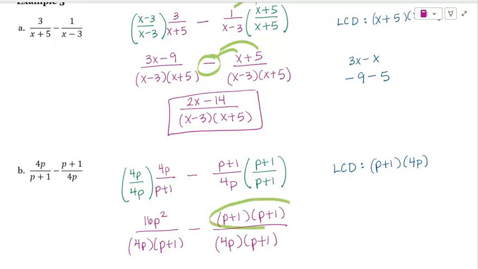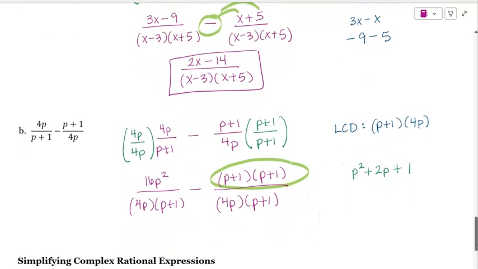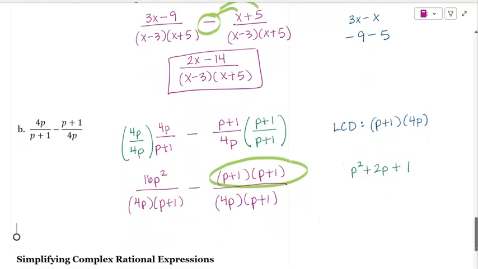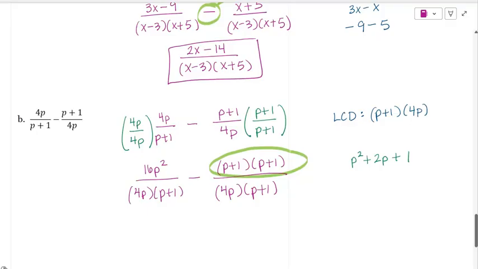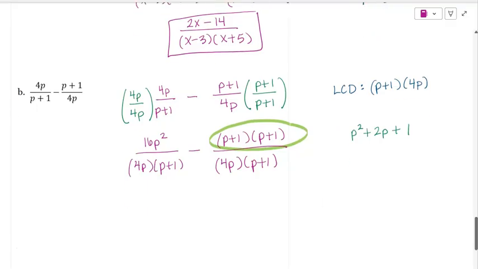Over here, multiplying that out, we'll have p squared plus 2p plus 1. But all of those terms are going to be subtracted. So my new numerator is going to be 16p squared minus all of those items because of that subtraction sign in the middle.